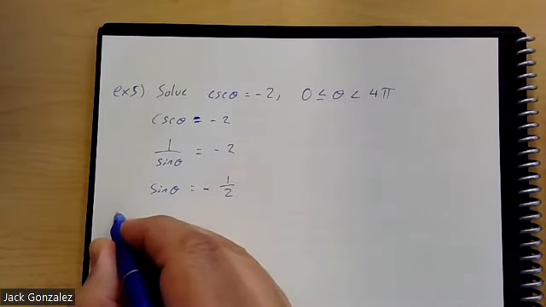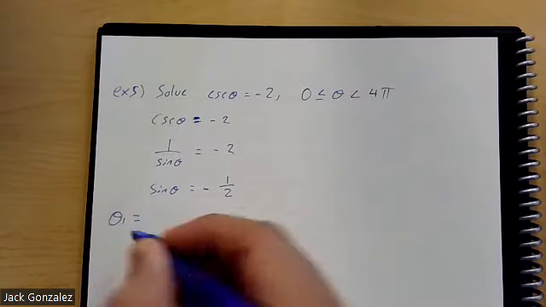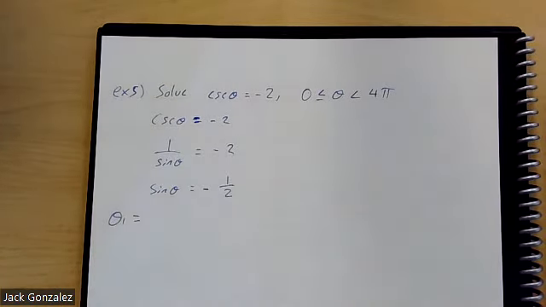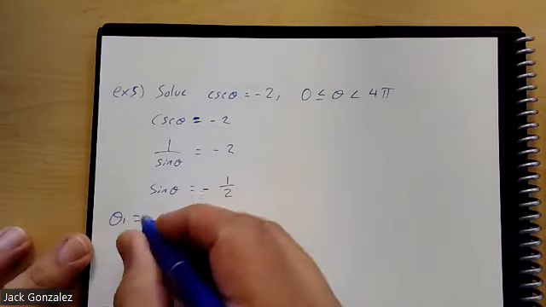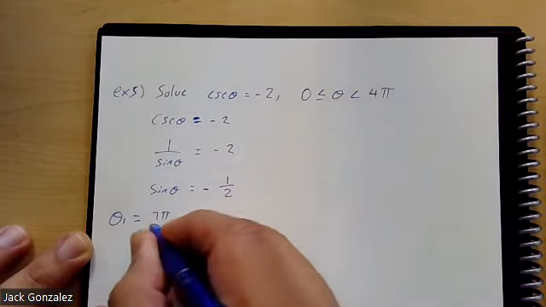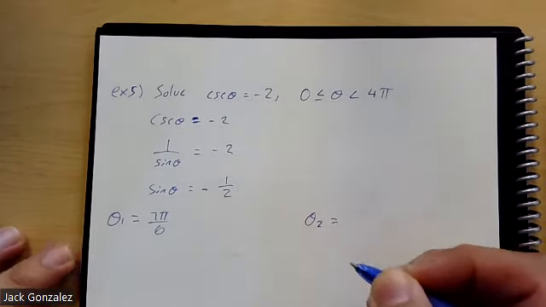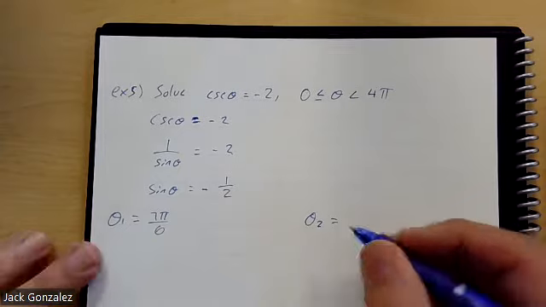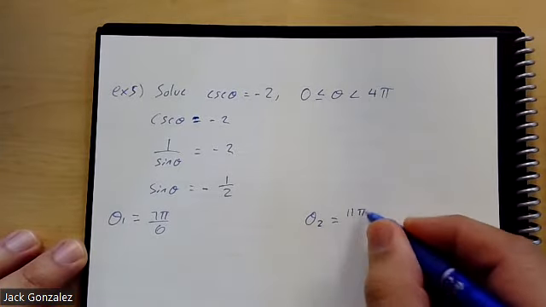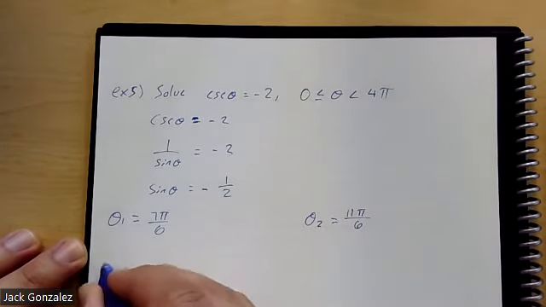So theta 1, where is sine equal to -half? Seven pi over 6. Where's the other one? 11 pi over 6. Okay.